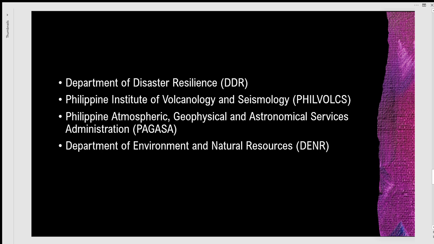Yung DENR naman, sila naman responsible for the conservation, pagmamanage and development and also proper use ng environment and natural resources ng country natin. So these are some few. Meron din tayong batas para sa workplace violence.